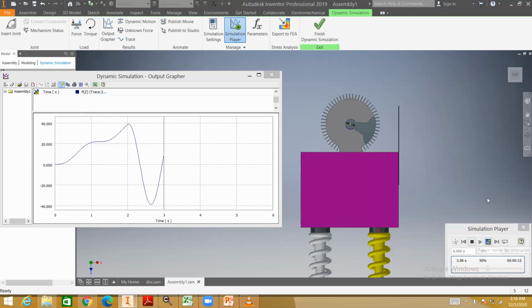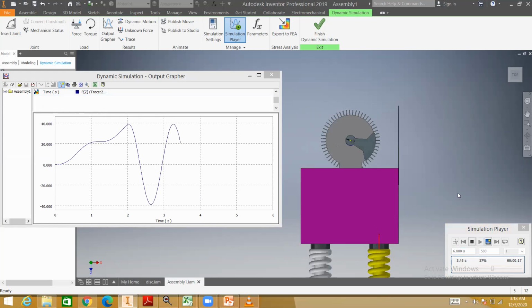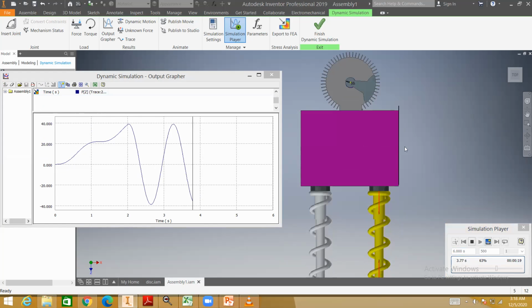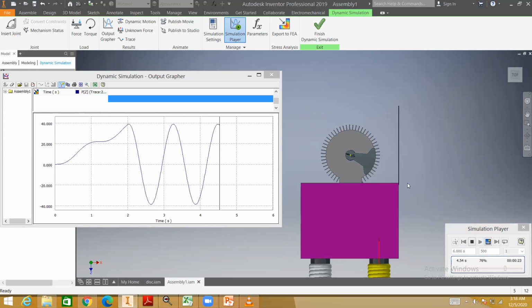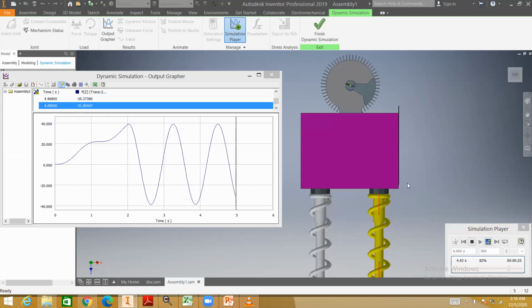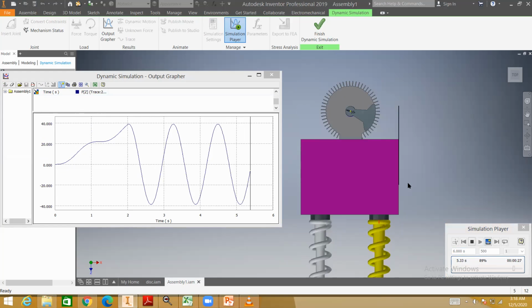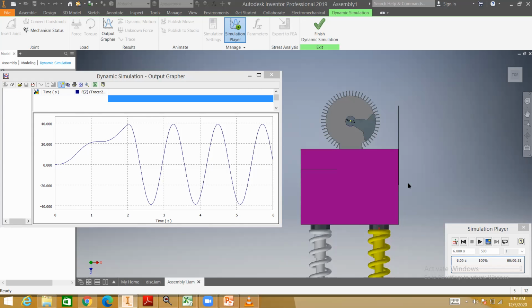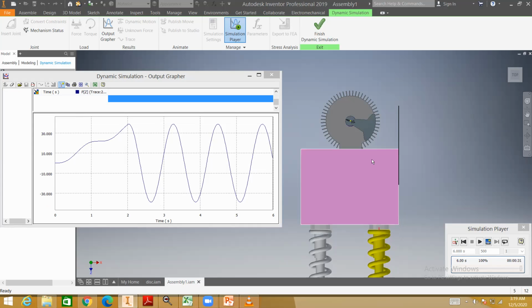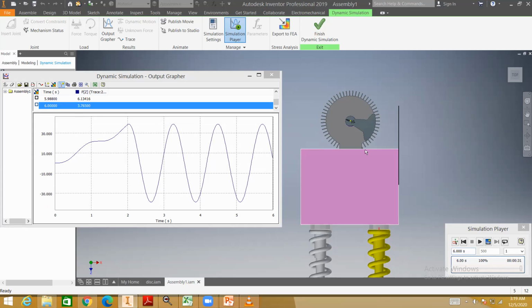So this is the free oscillation. You can observe here, this is the displacement. Right now the system is oscillating freely. This is not a forced vibration. The experiment that we have performed just now is the free vibration experiment to find the natural frequency, because natural frequency we can only find by using a free vibration experiment.